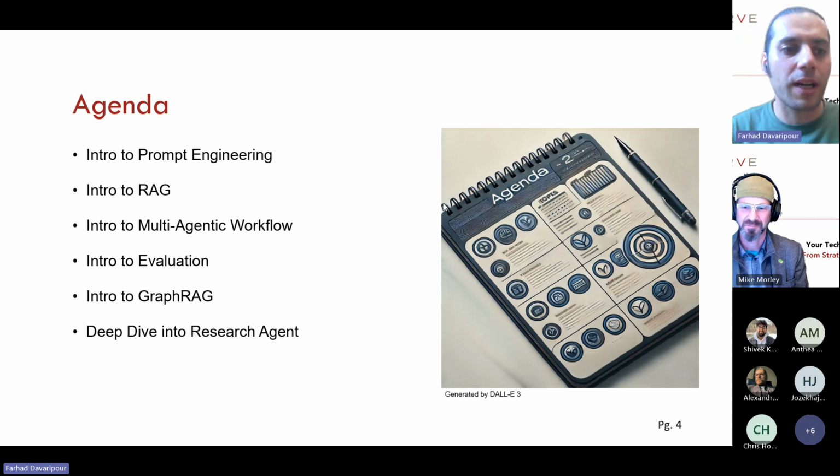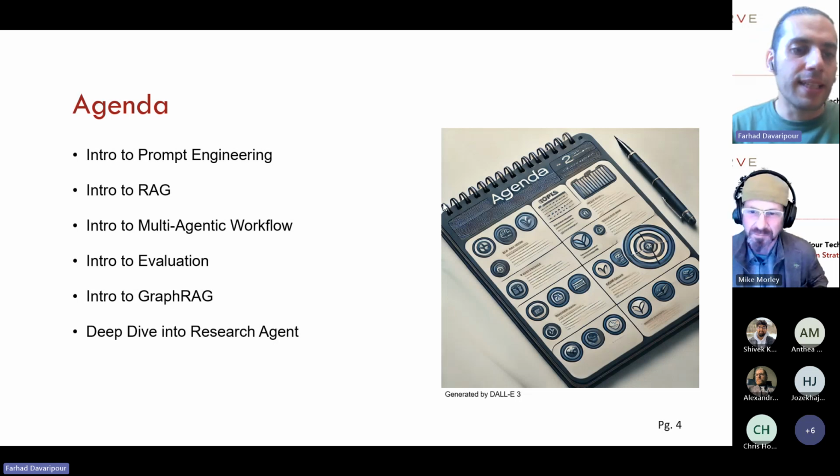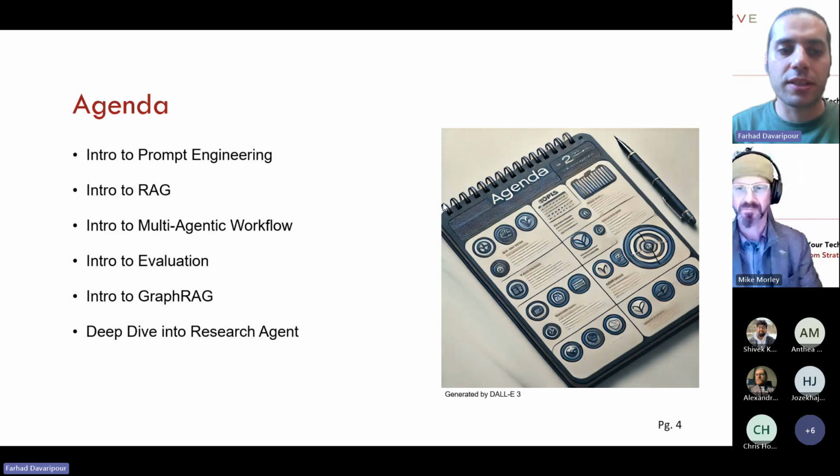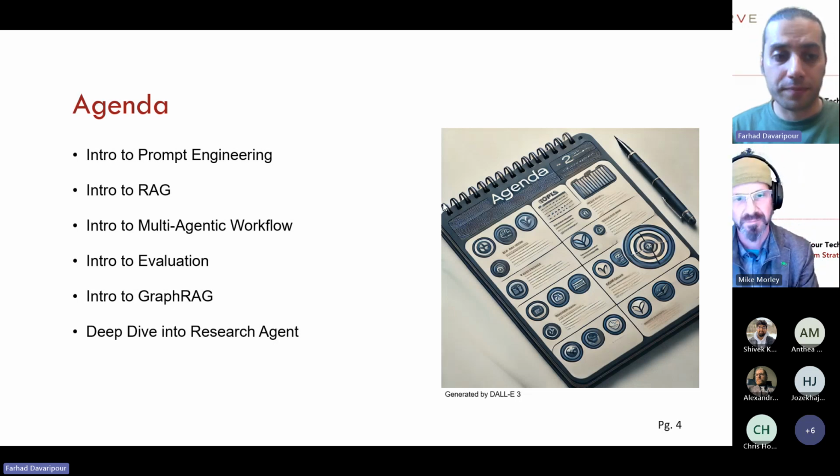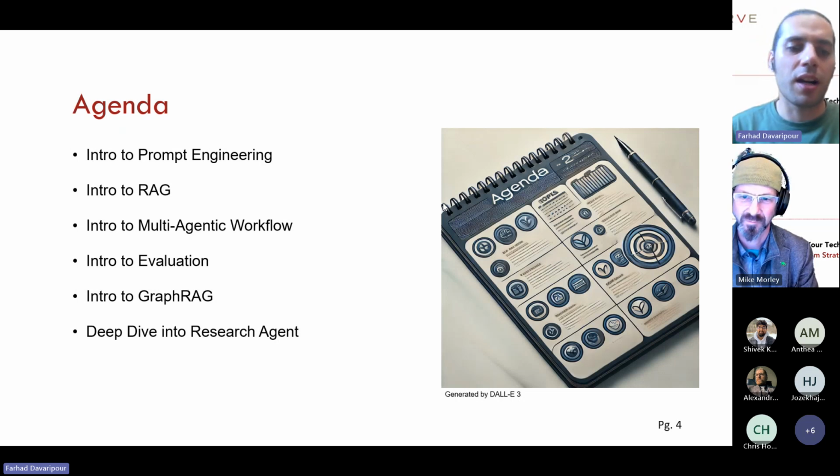Then we will talk about retrieval-augmented generation, which is a very popular technique these days. Then we will talk about multi-agentic workflow and evaluation. In the second half of the session, Mike is going to take over. He's going to talk about GraphRAG, which is a specific kind of retrieval-augmented generation, which is pointed at a graph database instead of a vector database.